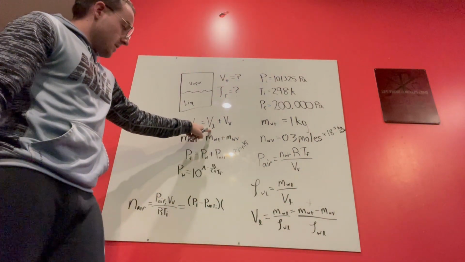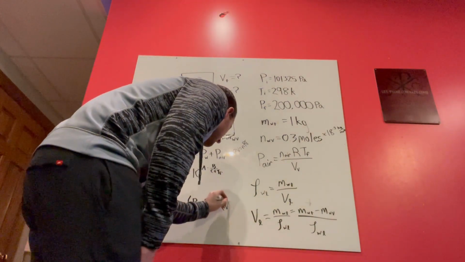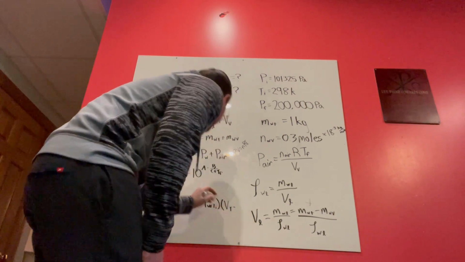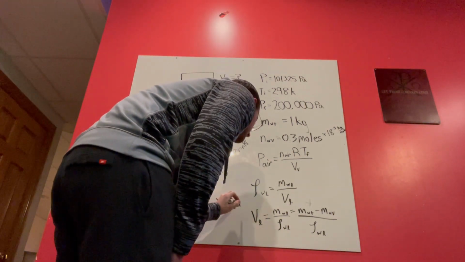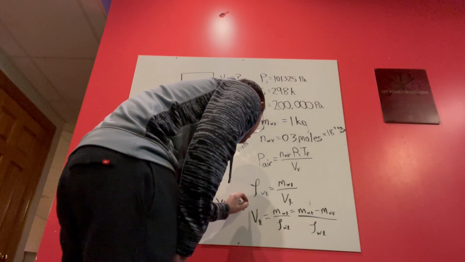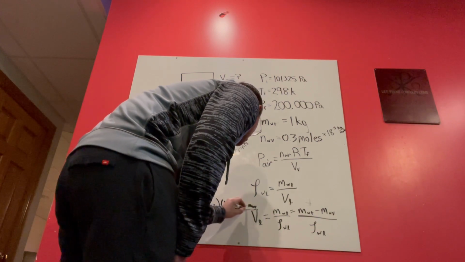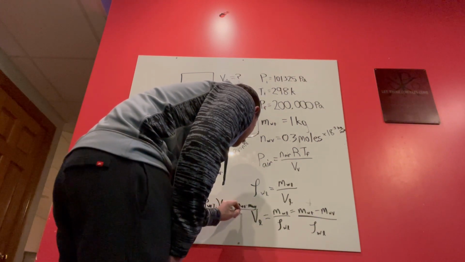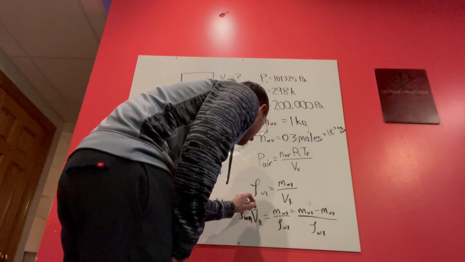VL. And then it'll be VT minus mass of total water minus mass of water in the vapor phase over the density of water in the liquid phase.